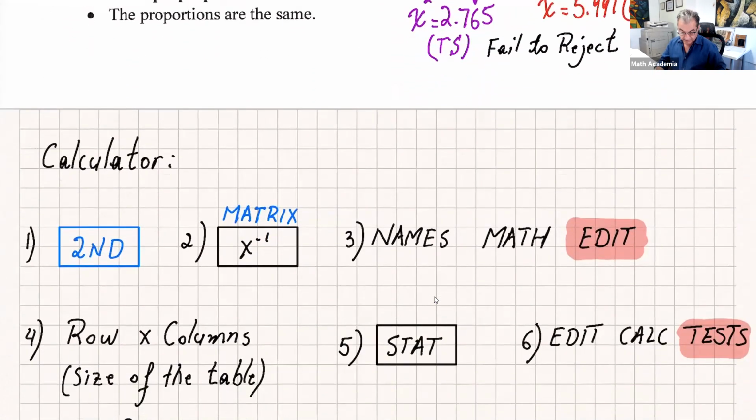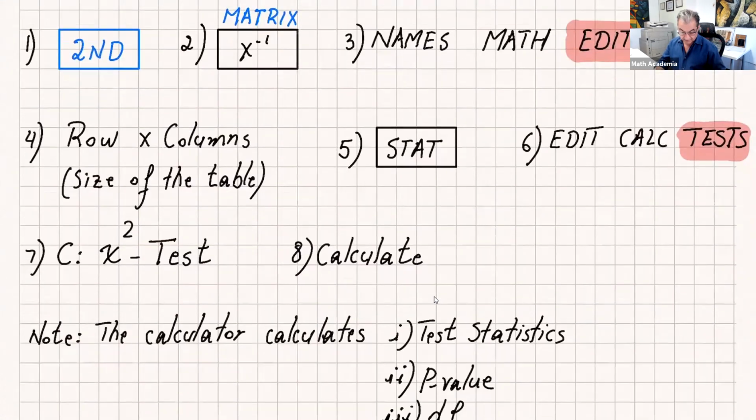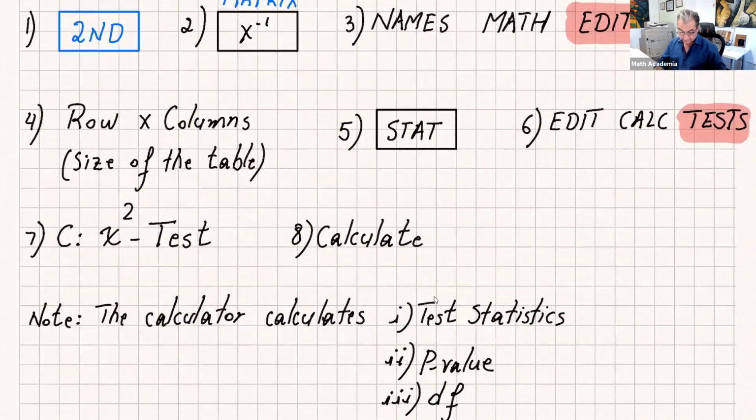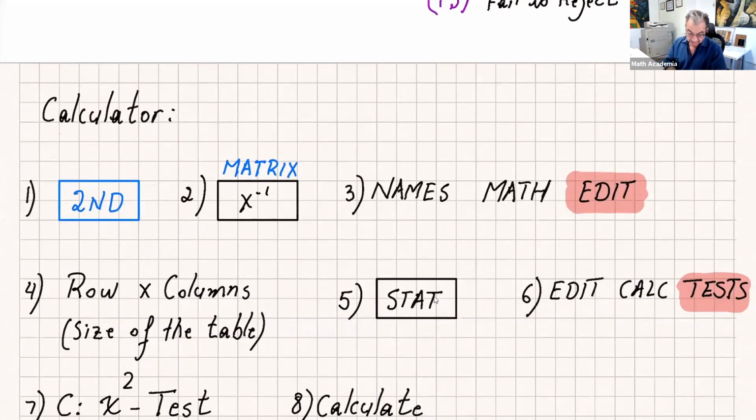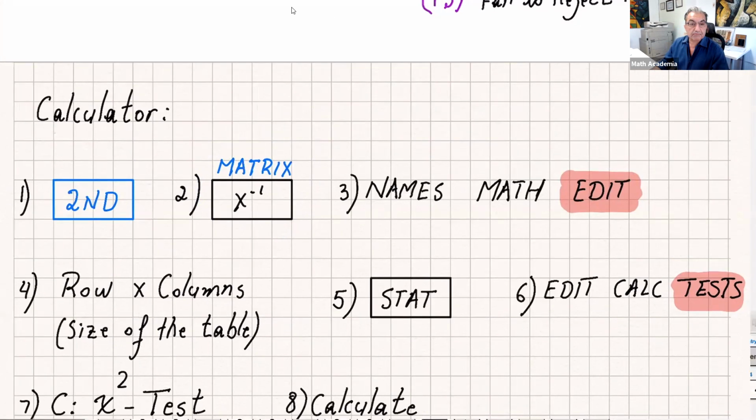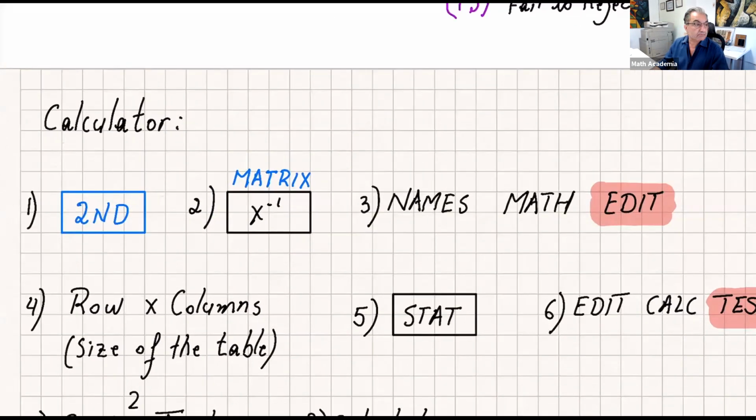Here I did put the summary for the calculator. So one more time, second function, matrix, then when you go to matrix, you have names, math, and edit.